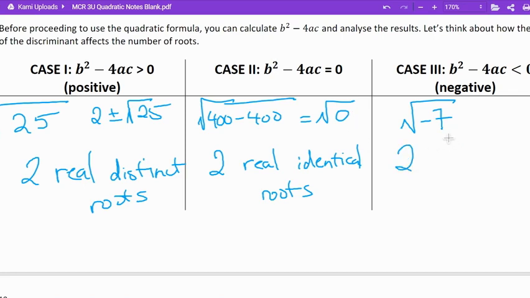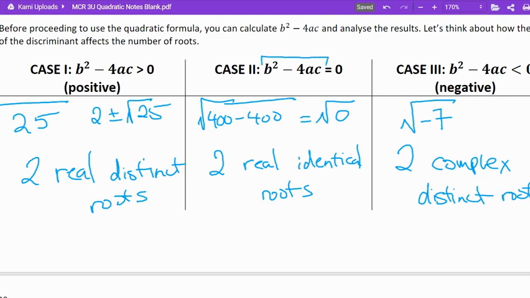Always 2, right? Will they be real or complex? Complex. Will they be identical or distinct? Always distinct, never identical. So there's only one situation where the roots will be identical, and that's when the discriminant equals 0, right?